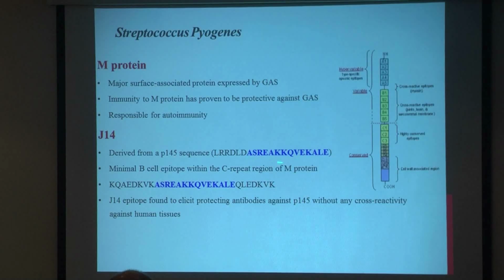This epitope, highlighted in blue, loses its alpha helical conformation. Therefore, we added the GCN4 alpha helical promoting sequence to get the alpha helical conformation, and this we call J14. And this J14 is found to elicit protective antibodies against P145 without any cross-reactivity against the human tissues.